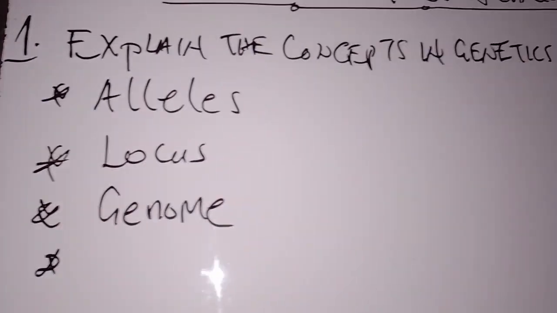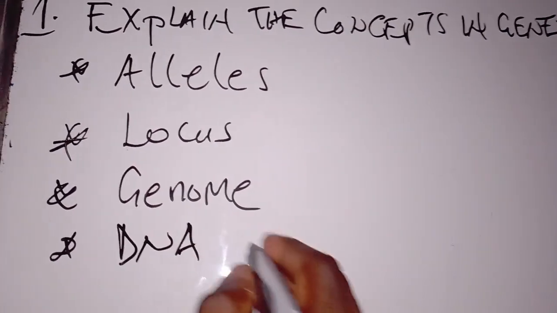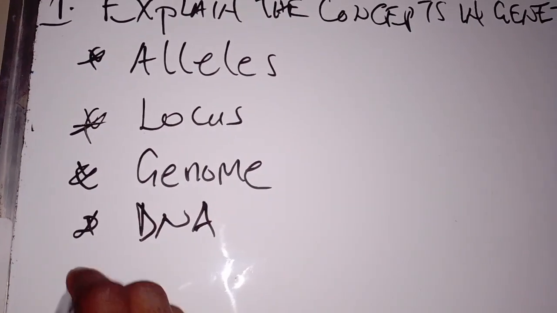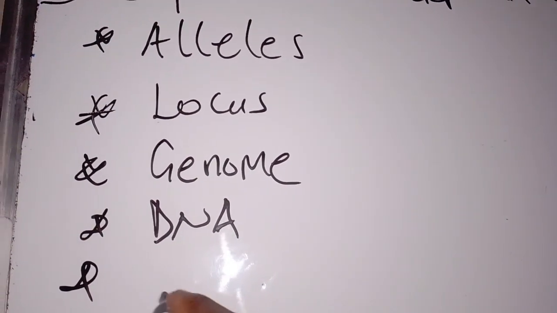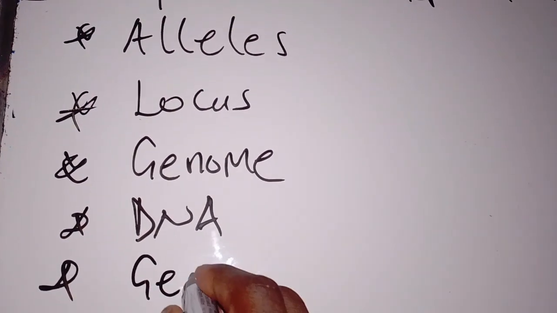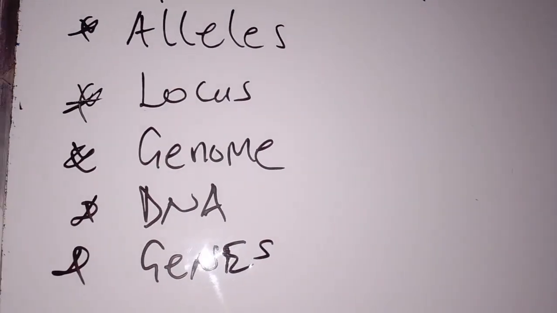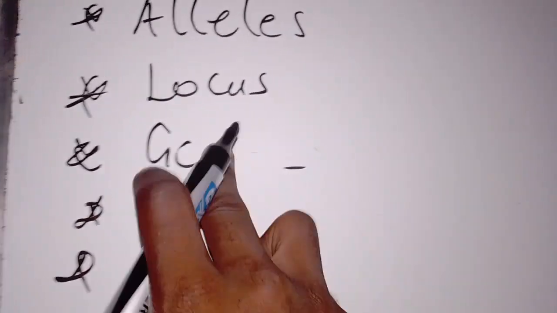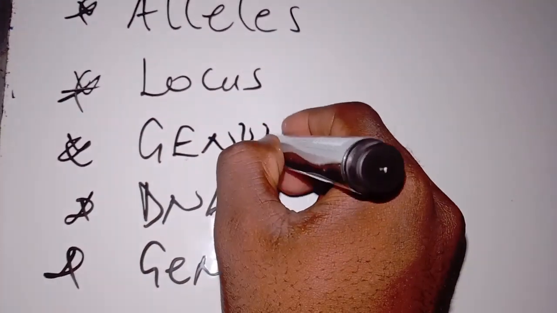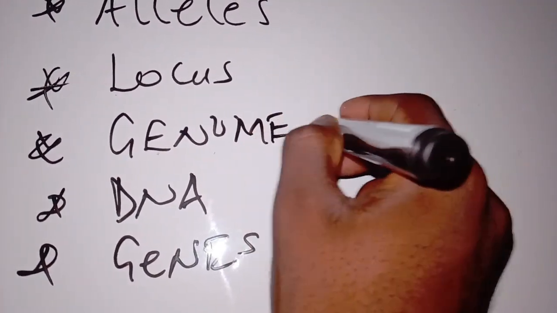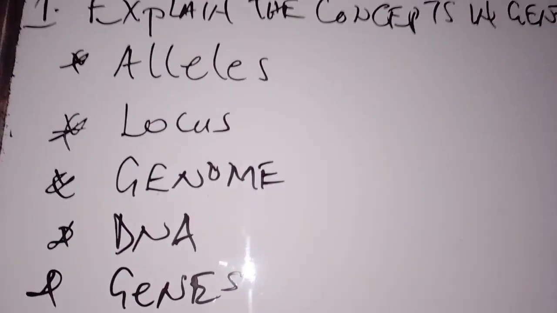Then you have to know about the DNA. You can't talk about genetics without mentioning the DNA. Then you need to know about genes. You can't talk about genetics minus talking about the genes. Let me put it in capital letters.